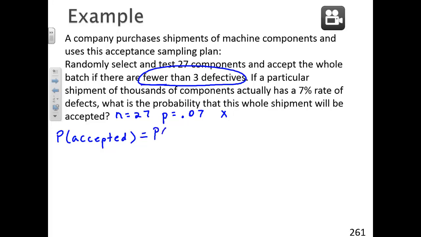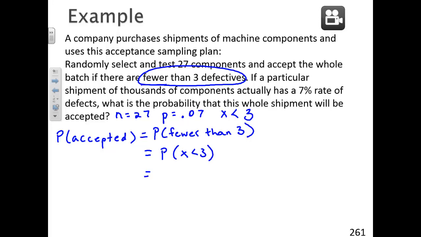So that's the probability of fewer than 3. Well, if we are fewer than 3, 3 is not included. So X is less than 3. It's going to include 2, 1, and 0. So this is going to be equal to the probability that X is less than 3.